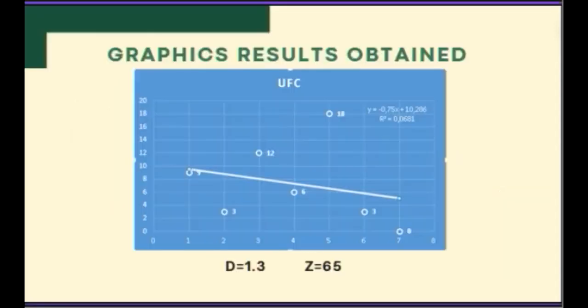To explain the graphics, we can explain these results with the graphics. Well, it is observed that microbial growth at 65 degrees Celsius, after having been diluted, has a downward trend.